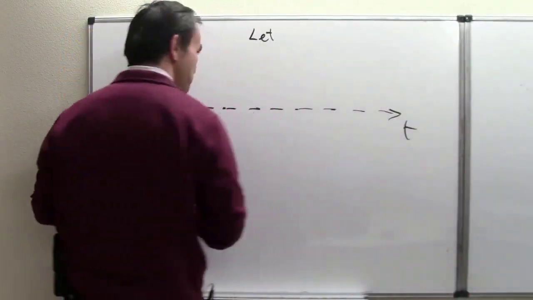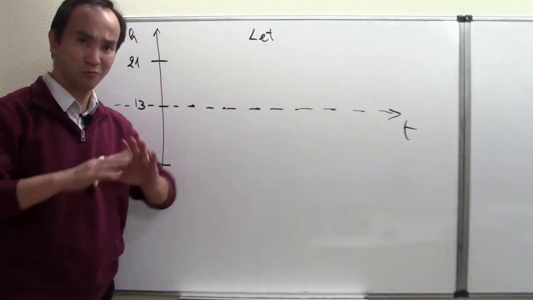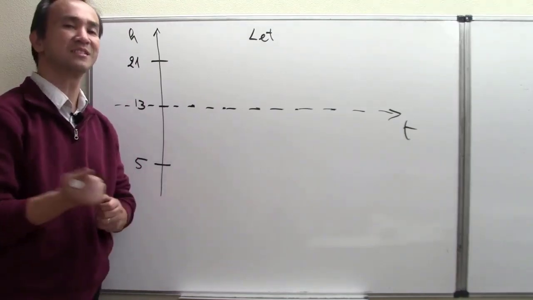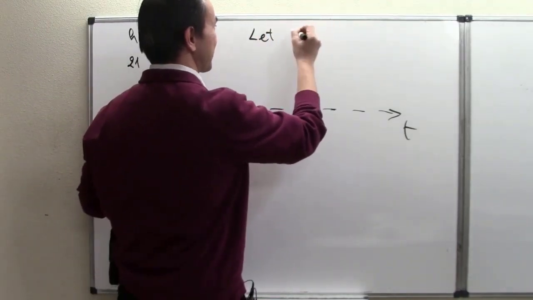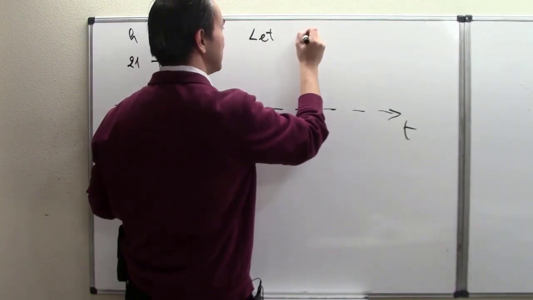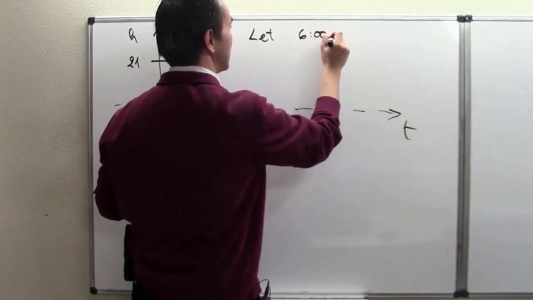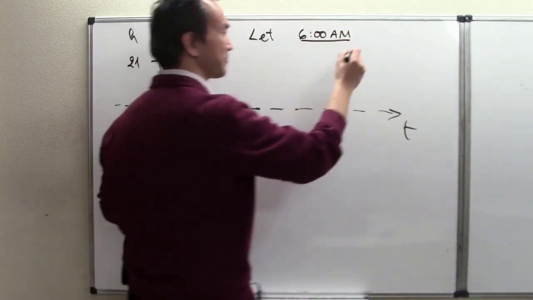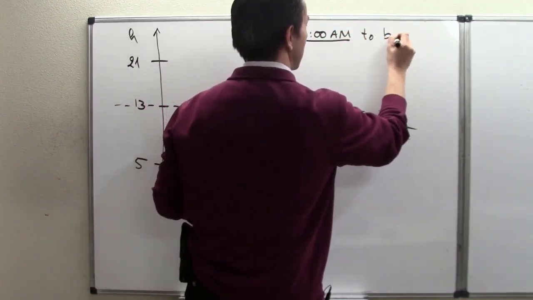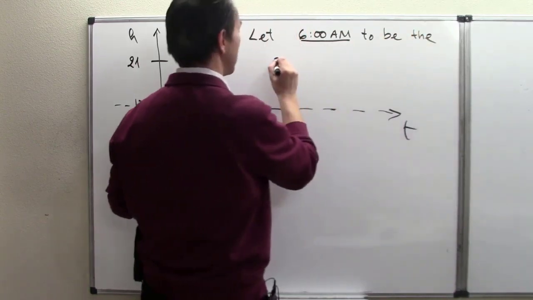So now, back on this graph right here, think about it with all that exact same given data. What about I chose 6 a.m.? What about I chose the 6 a.m. point to be the starting point?